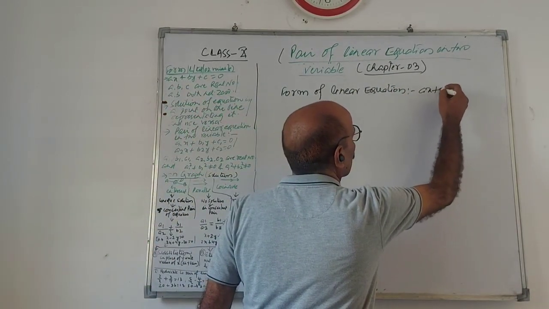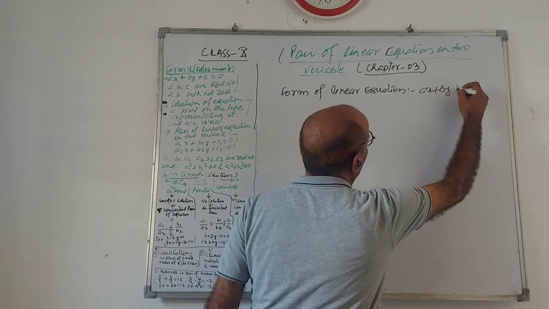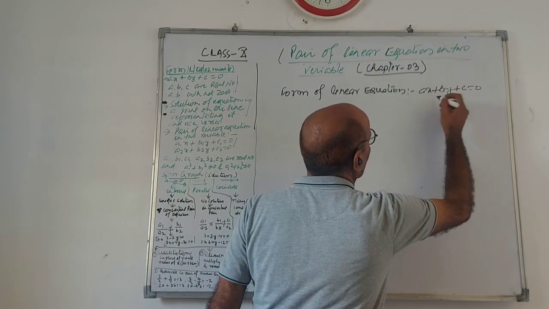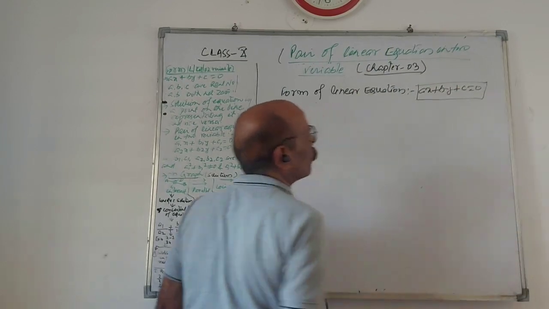ax plus by plus c is equal to 0. You are familiar with this form.